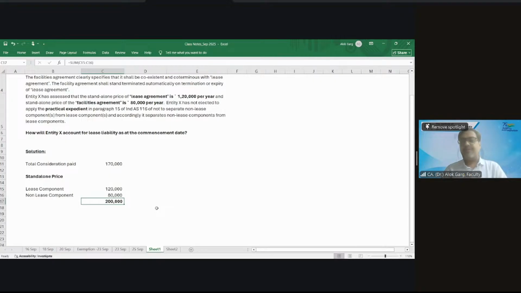Now tell me, what should I do for finding the consideration on account of lease component and the consideration on account of non-lease component? How can I allocate this? Allocate in the proportion of the lease and non-lease components. Yes, so I need to allocate this 1,70,000 in the ratio of lease and non-lease component. This is my standalone price.